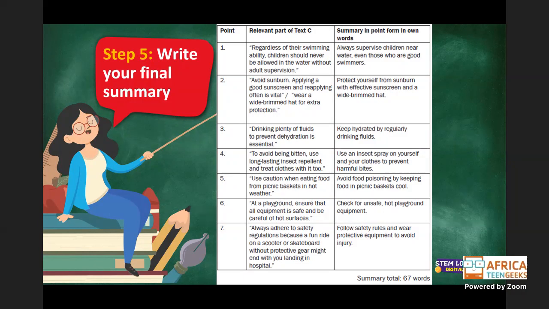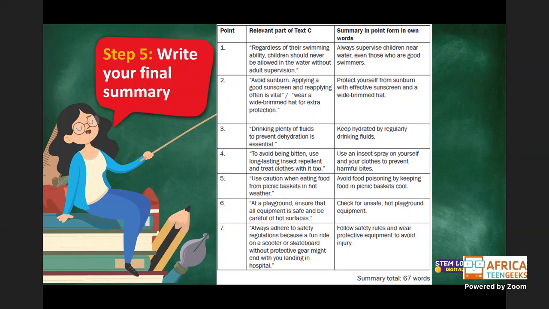You see, nice and short, but still to the point. Second one: avoid sunburn, applying a good sunscreen and reapplying often is vital. Wear a wide brimmed hat for extra protection. So you could rewrite that as protect yourself from sunburn with effective sunscreen and wide brimmed hat. Done.